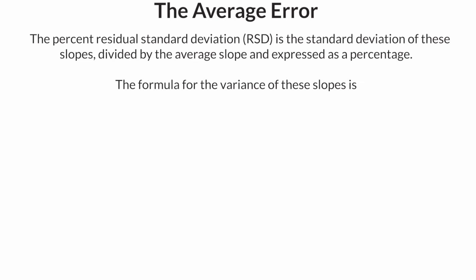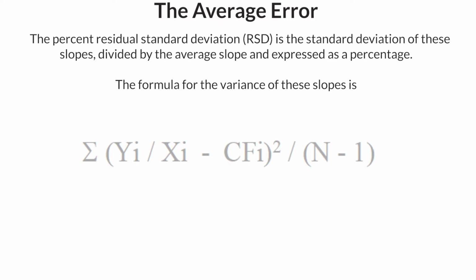The percent residual standard deviation, RSD, is the standard deviation of these slopes, divided by the average slope and expressed as a percentage. The formula for the variance of these slopes is the sum of the squares of the deviations of these slopes from the average calibration factor, divided by the number of points less 1.